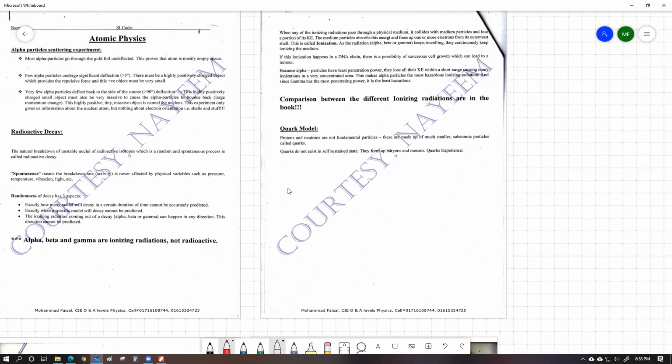Full stop. And, comma, leptons are given a property called lepton number. Full stop.